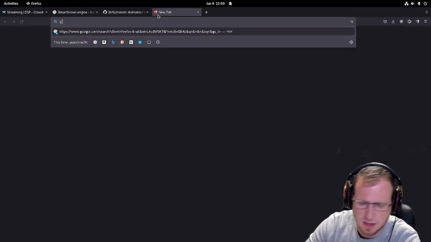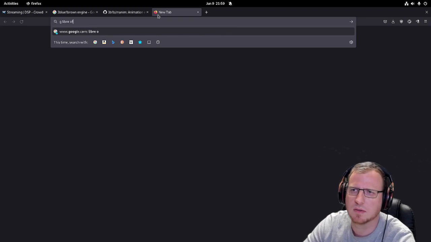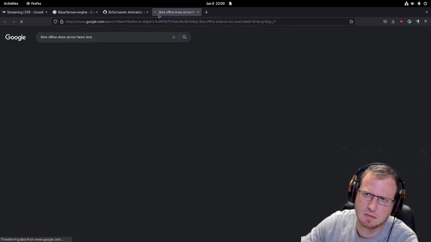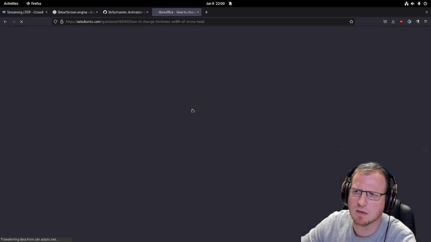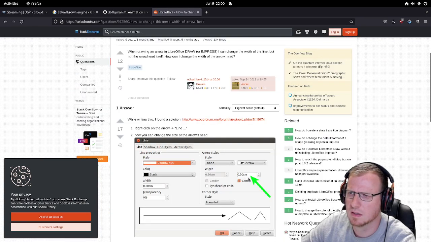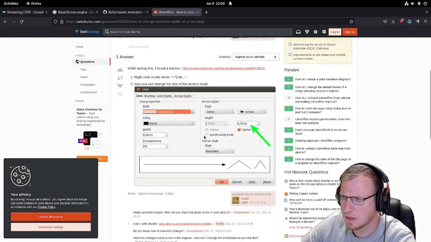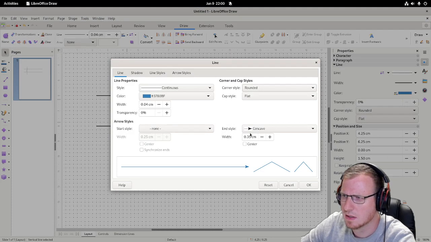Okay, let's see. LibreOffice Draw. Arrowhead size. How to change things with, yeah. Line. Arrow style, yeah.